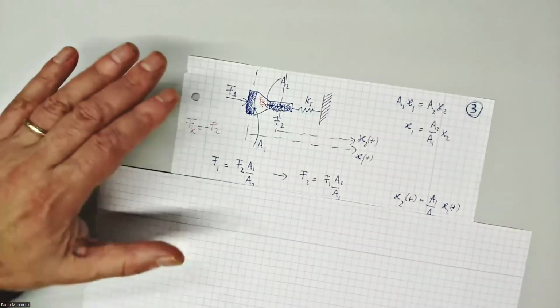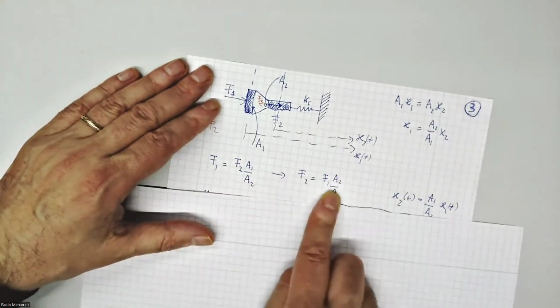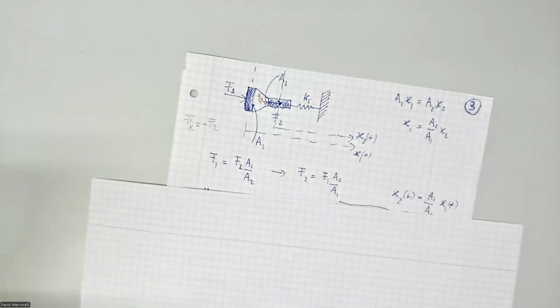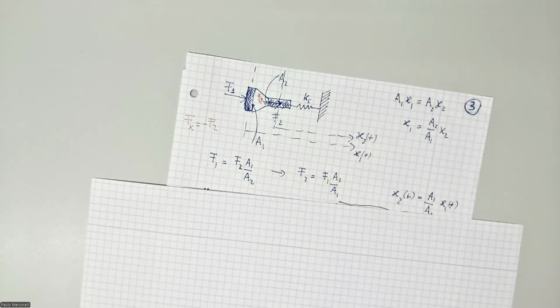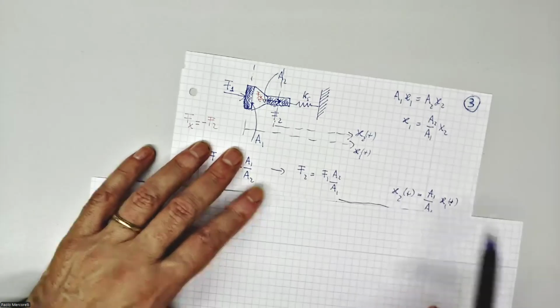Now I show you the error which I did. From here, this expression can be written also in this form, right? Excuse me for the error, but remember I told you this is not the right presentation. This expression here can be written also in this form.